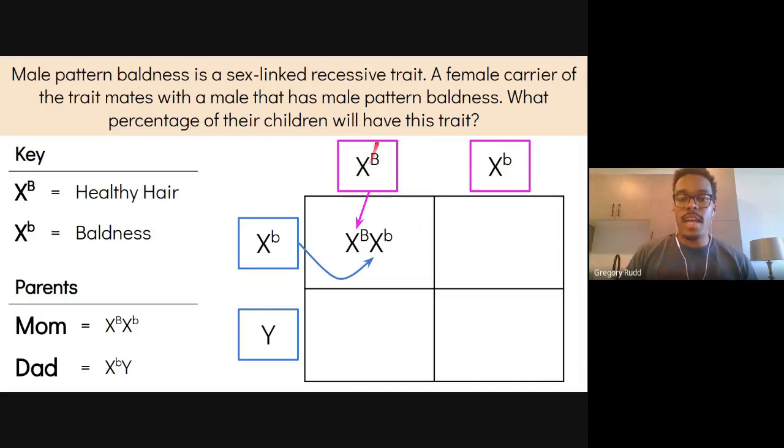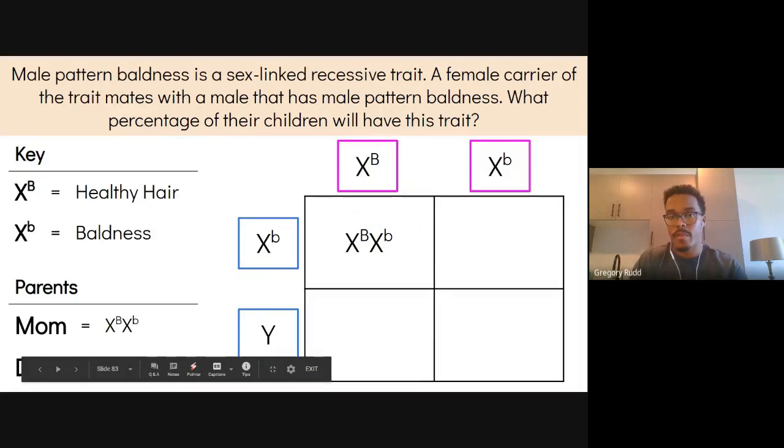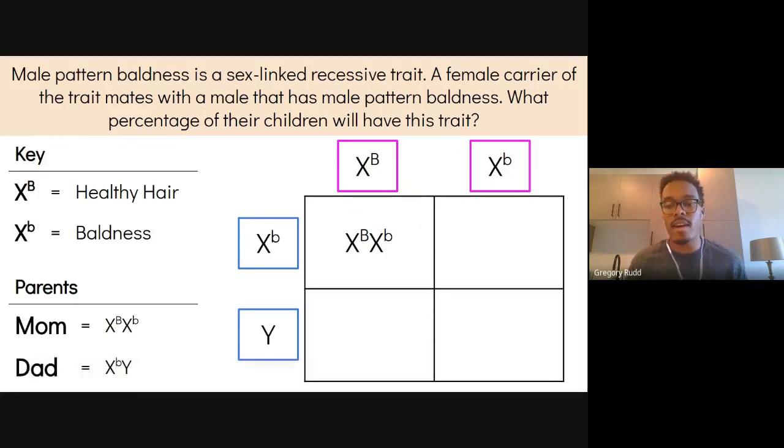The X with the dominant allele slides down. The X with the recessive allele slides over, and I end up with a heterozygous genotype. What about in the top right box? What goes over here? We should be getting good at this now. Good, Jessica. So you're starting to see it quickly. We're going to drop down the X with the recessive allele and slide dad's X with the recessive allele over. And this is what we get.